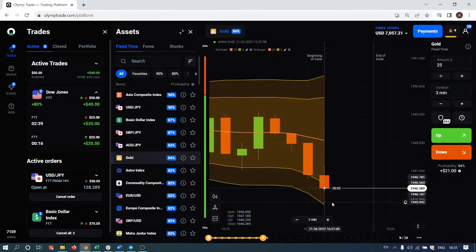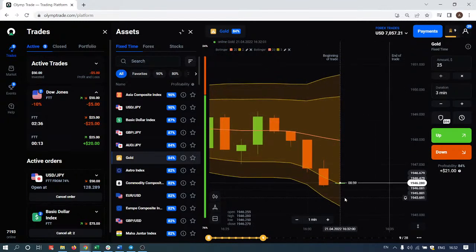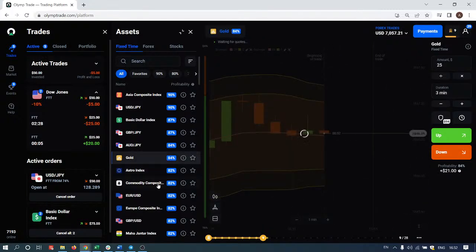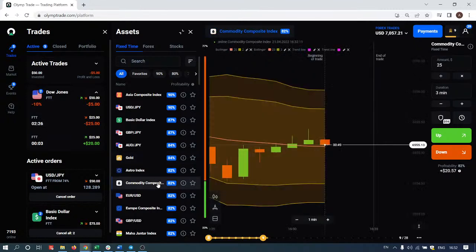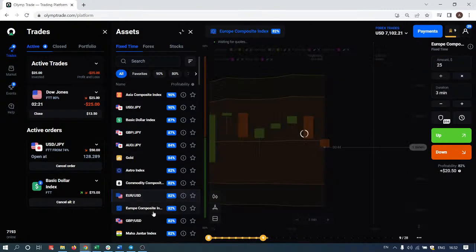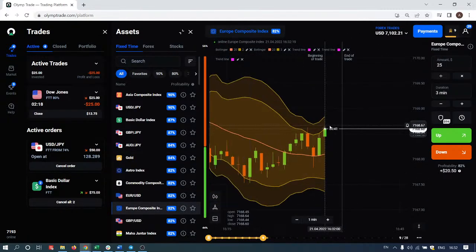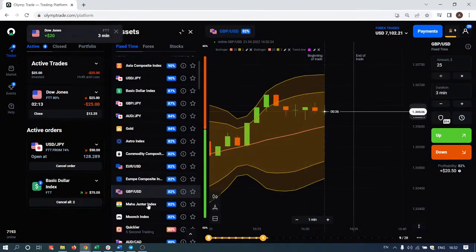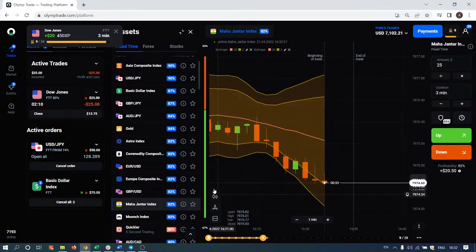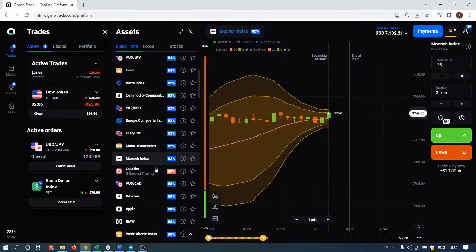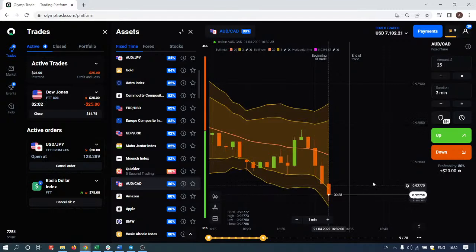And the trade on gold. Okay, so this one is good.